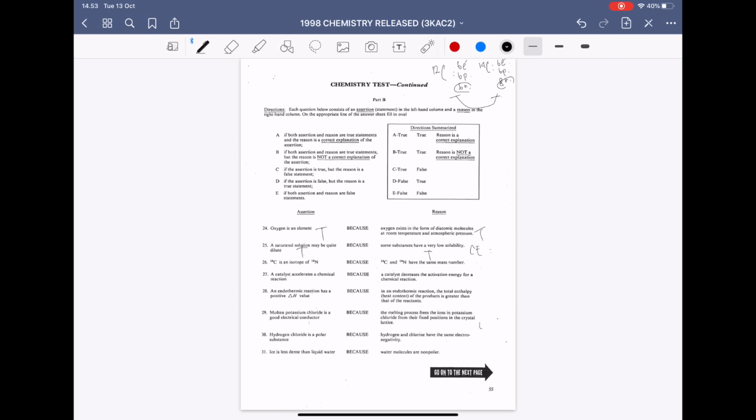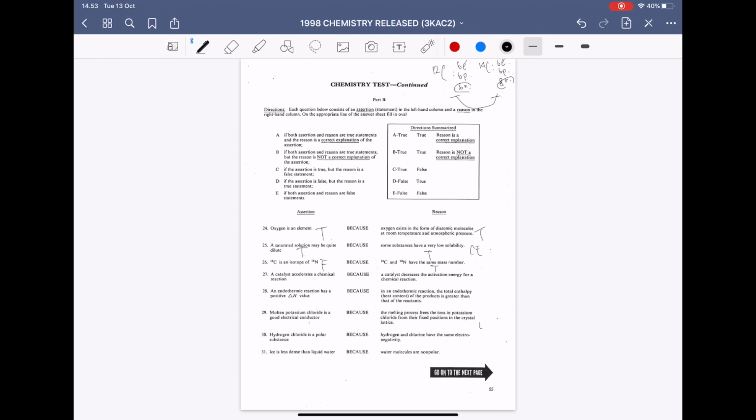Everything should be the same except the neutrons. However, in this case, although the mass numbers are equal, nitrogen actually has 7 electrons and 7 protons, so this statement should be false. Because C14 and C14 have the same number, yeah, that's true. So it should be false, true.